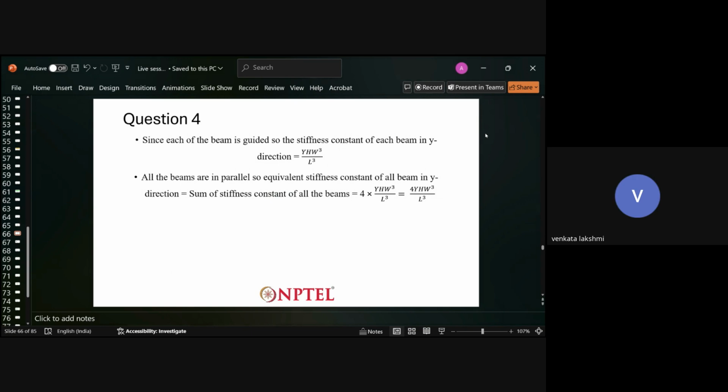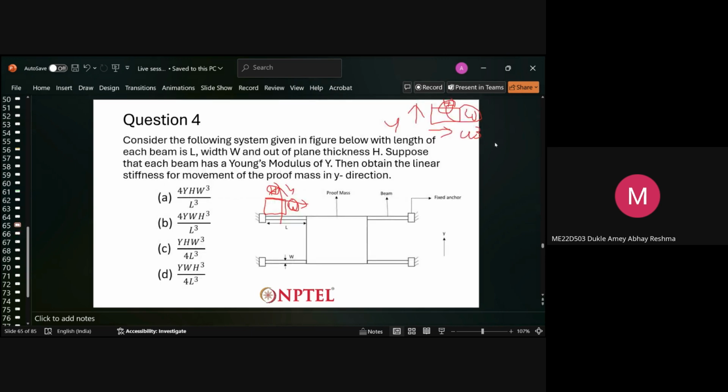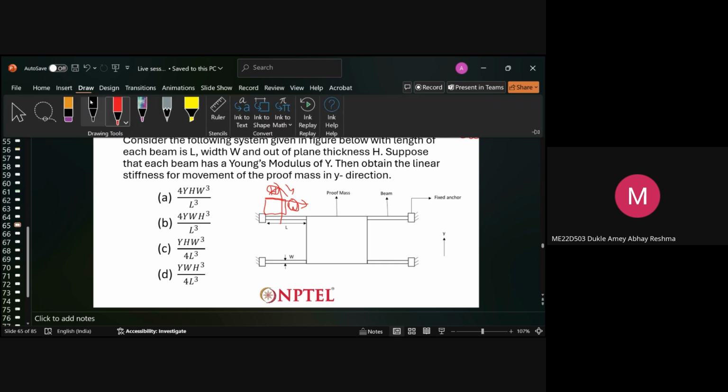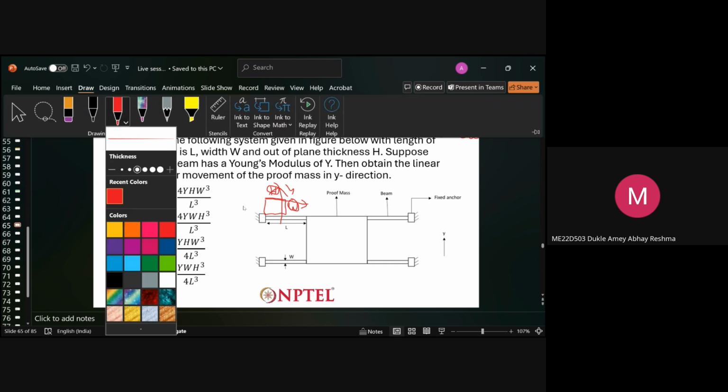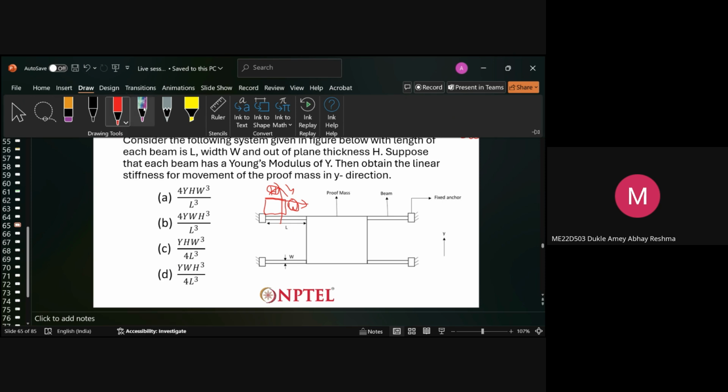Yes, sir. Okay. Then basically, since we have to find out the deflection in y direction, across the y axis the mass is moving. So all the beams will deflect by the same angle.